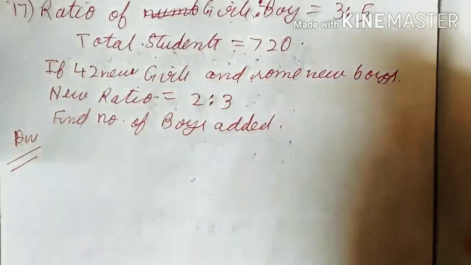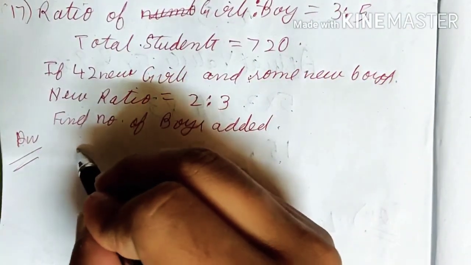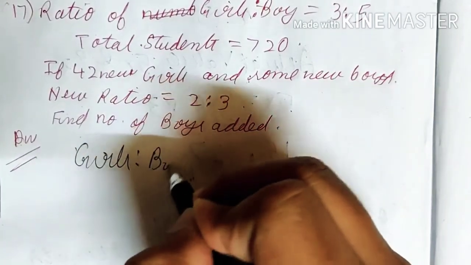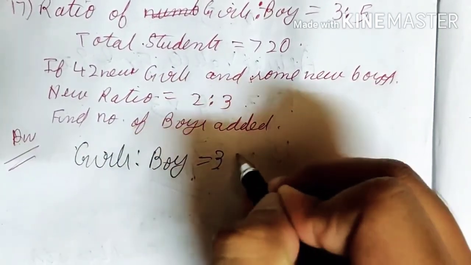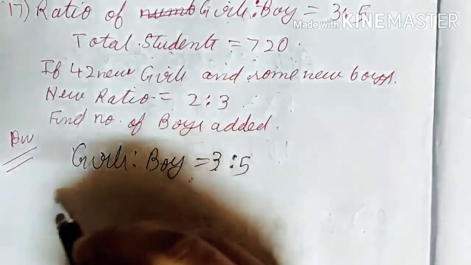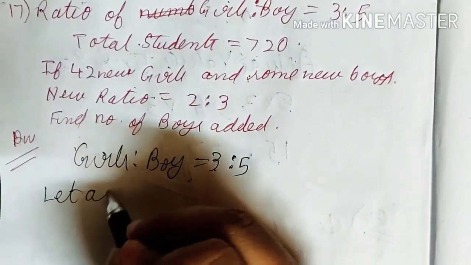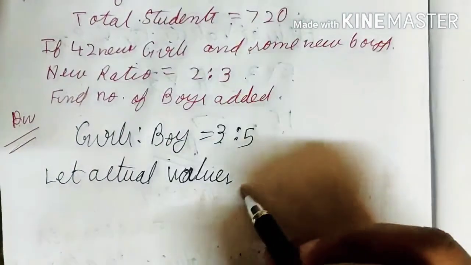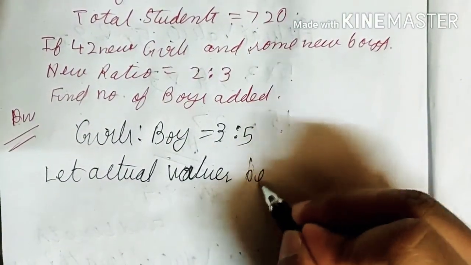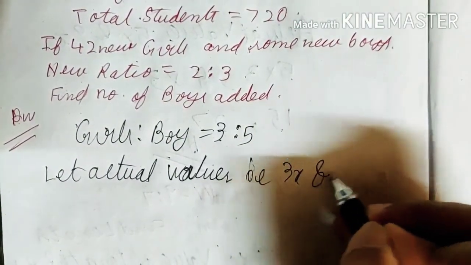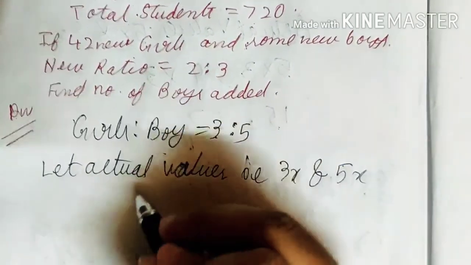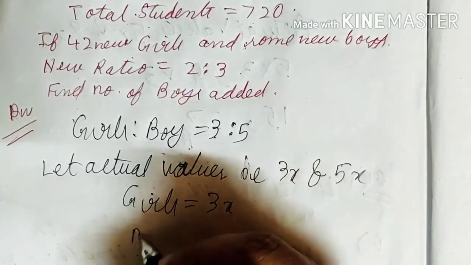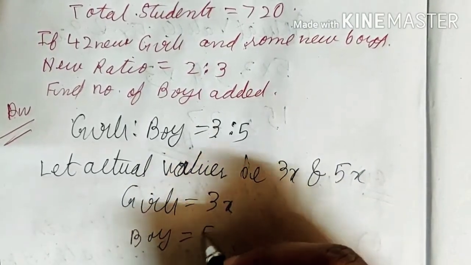Girls to boys is given as 3:5. So let the actual values be 3x and 5x, that is girls equal to 3x, boys equal to 5x.